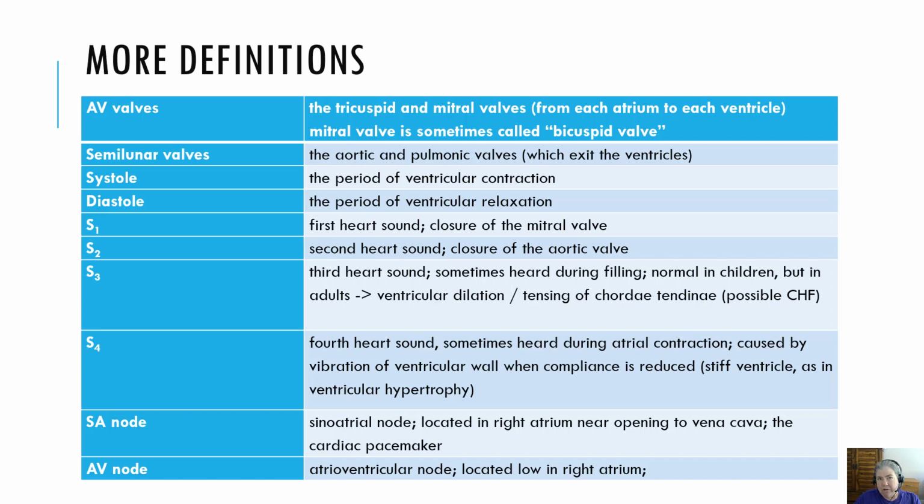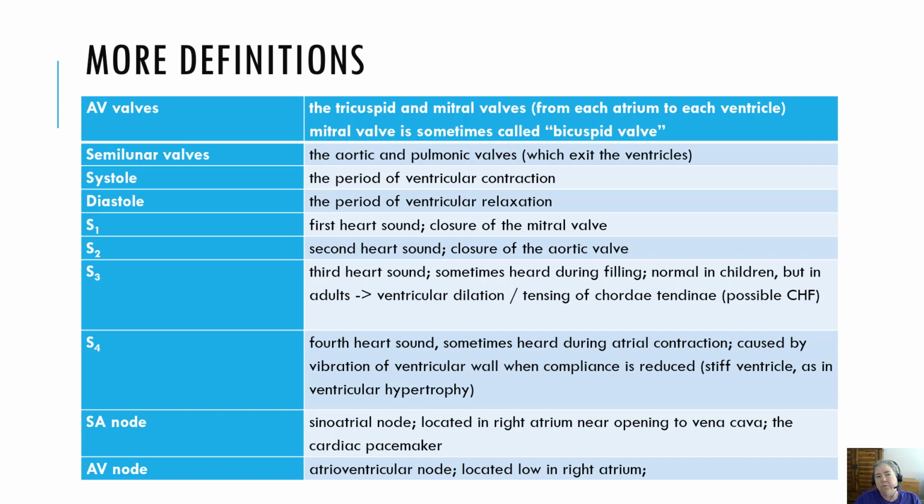S4, or the fourth heart sound, is a heart sound that is sometimes heard at the end of diastole, just before ventricular contraction. Actually, S3 is usually heard during filling, so early diastole. S4 is late diastole, as the atrium contracts right before the ventricle contracts.